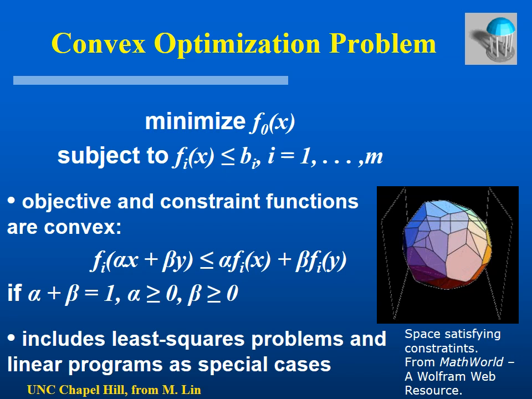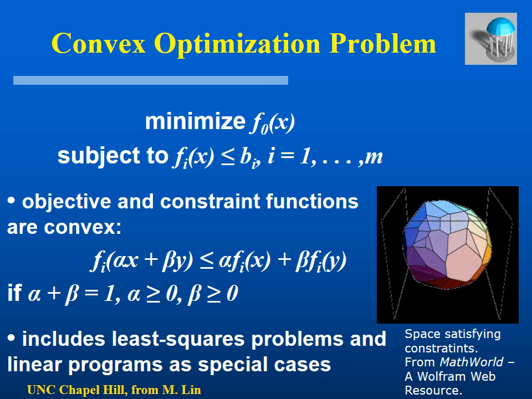Because basically, if we orient our object so that up is in the value of increasing values of f sub 0, we're simply trying to find the top point on the boundary of this convex region. A problem we can solve.